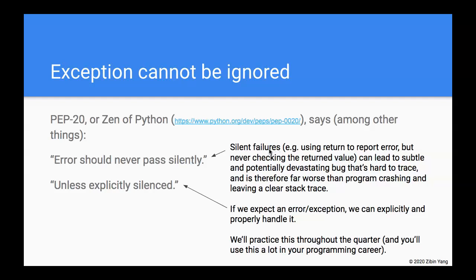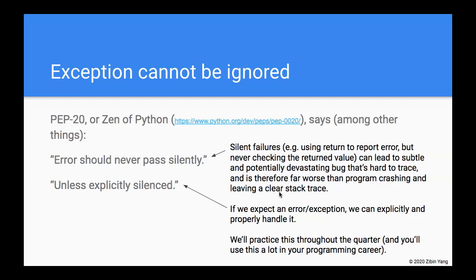In that case, something failed, but we don't know it. Even though our program doesn't crash at that spot, it could behave very badly somewhere down the road. And if the bug actually occurs a lot later, then it's very, very hard to trace where the original problem occurs. So it is far worse than if the program just crashes at the point when something fails.